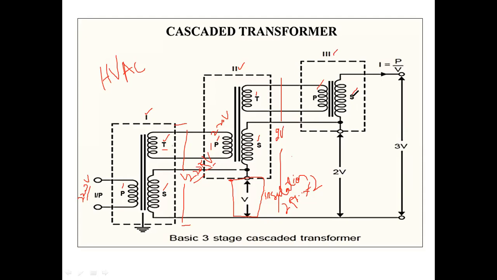There is no need for a tertiary winding because there is no transformer after transformer 3. So it is simple: primary and secondary.